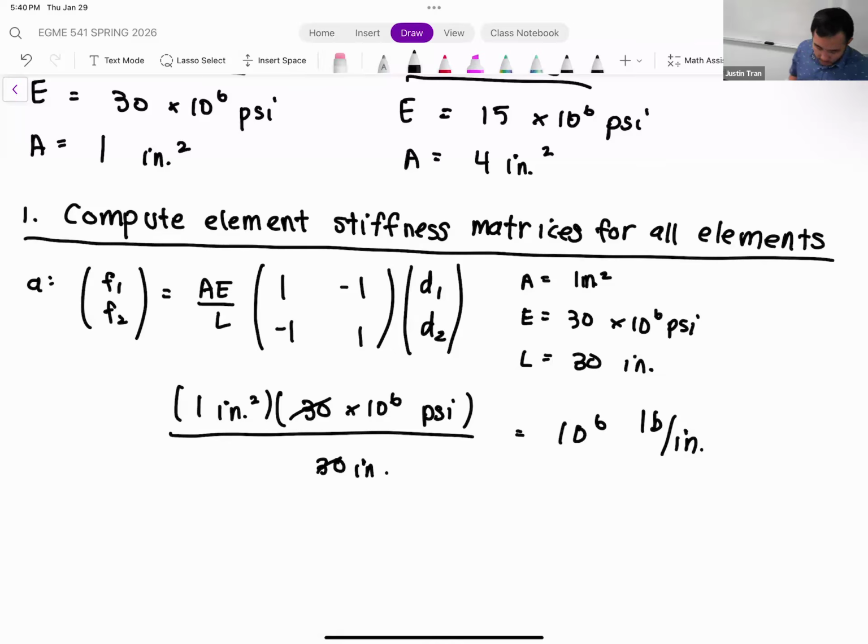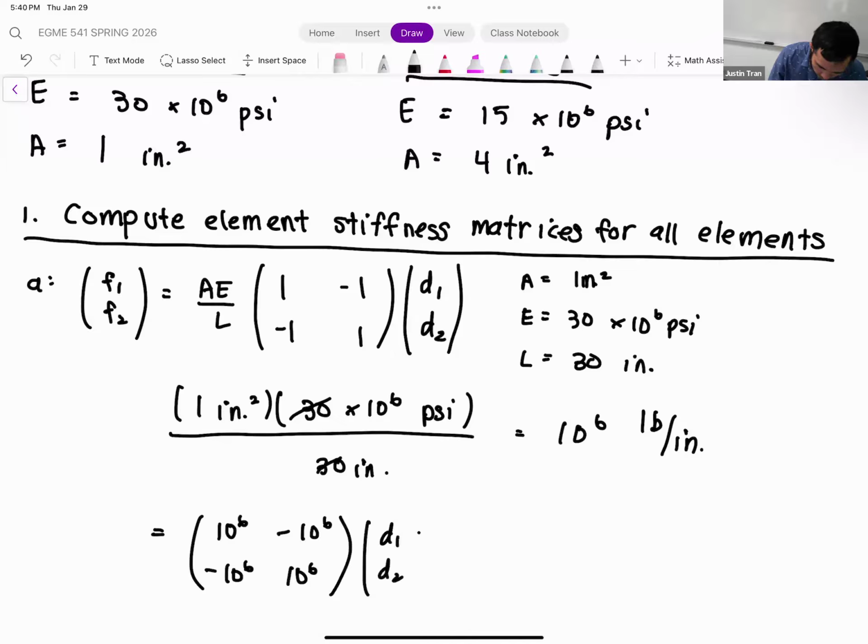All right, so we can go ahead and plug that in. I'm going to factor that through the entire matrix. And so this is going to be 10 to the 6 times the matrix 1, minus 1, minus 1, 1, multiplied by D1, D2, equal to F1, F2.